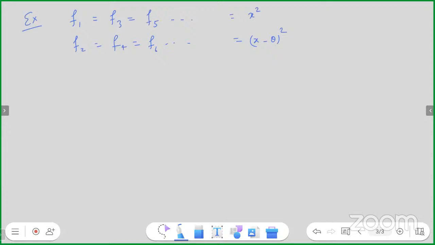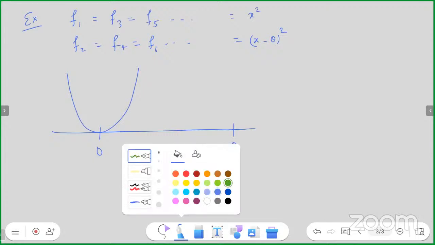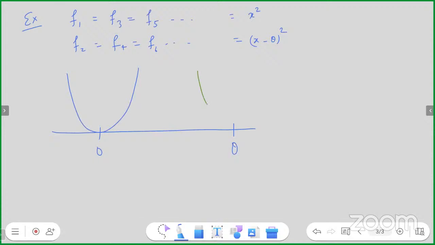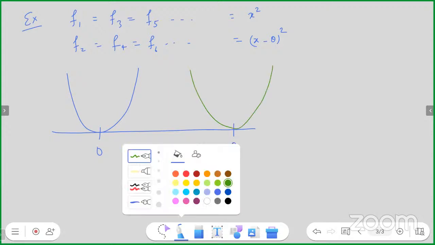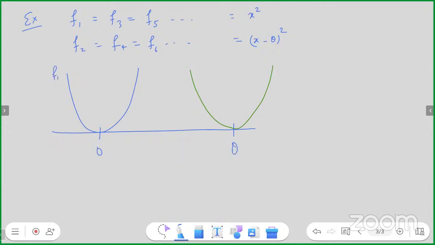All right. So what does it look like? This is 0. This is my theta. Let's take a different color over here and write. Okay. So these are my f_1, f_3, and so on. And this is my f_2, f_4, and so on.